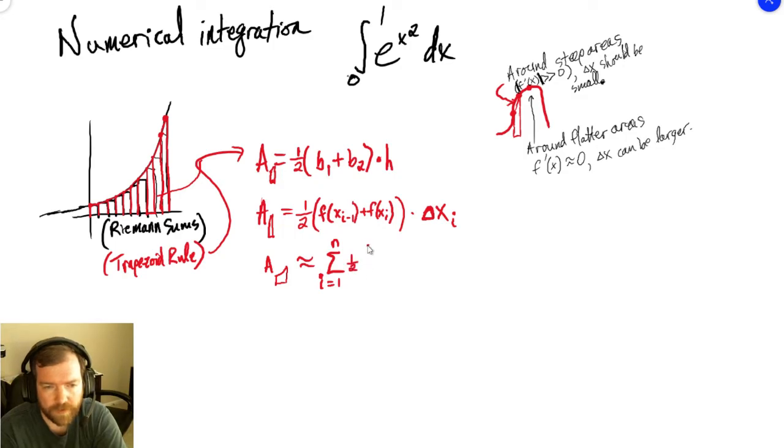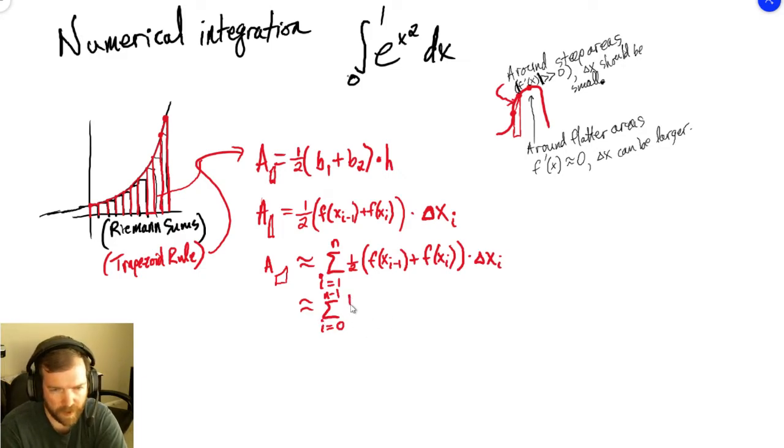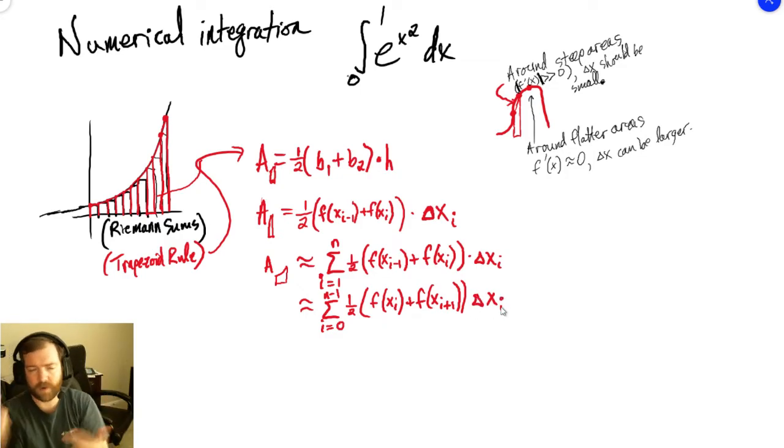It'll be 1/2 times f at x sub I minus 1 plus f at x sub I times delta x sub I, or we can approximate it using the sum as I goes from 0 to n minus 1 of 1/2 times f of x sub I plus f of x sub I plus 1 times delta x sub I. It doesn't really matter how you number this.